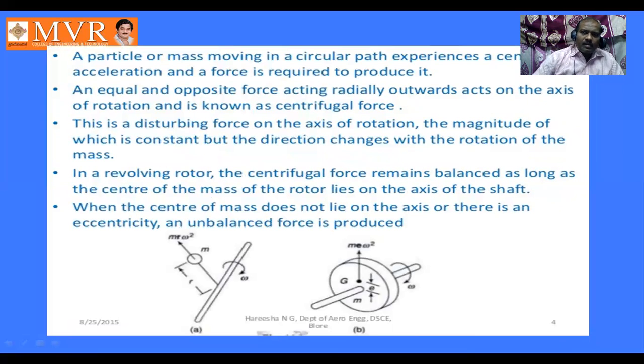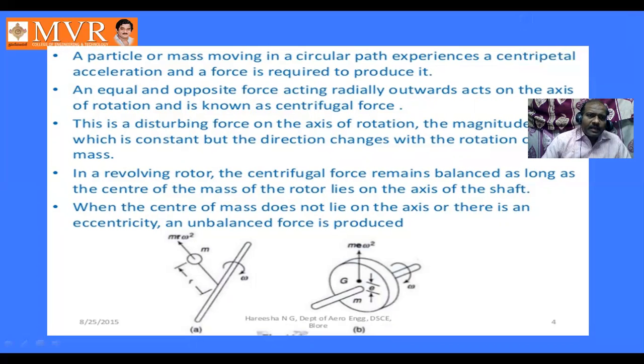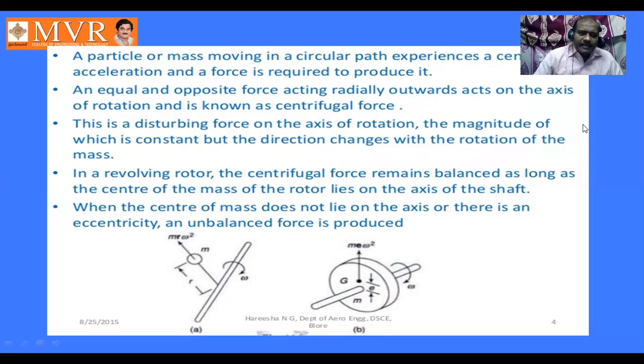Next, as I already told, this is one example to emphasize a single rotating system. A particle or mass moving in a circular path experiences a centripetal acceleration, and a force is required to produce it. An equal and opposite force acting radially outwards acts on the axis of rotation and is known as centrifugal force.